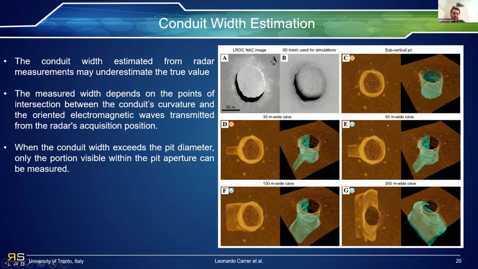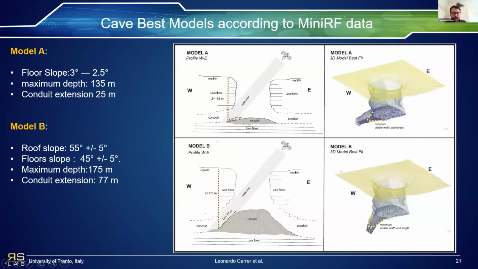But given the geometry of the acquisition, we believe that the conduit width is actually underestimated from the radar measurements. And so there are models with larger conduit width that still can explain the observation. So we found out that the cave conduit width is at least 50 meters, but we cannot say whether it's 100, 200, or even more.